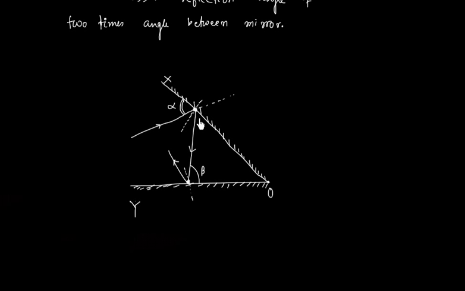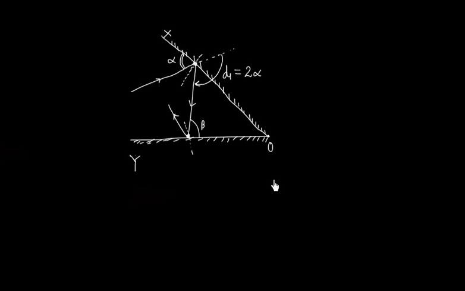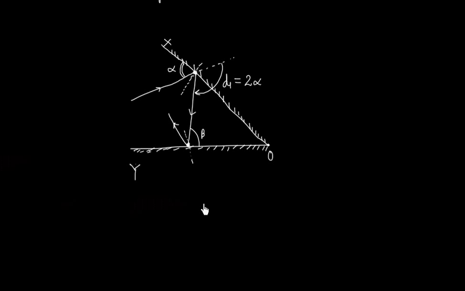In the first case, the light ray wants to go in this direction, but it will deflect in this direction. Let us call the deflection d1. So this is equal to 2 times the glancing angle, that is 2 alpha. So the deflection by the first mirror is equal to 2 alpha.